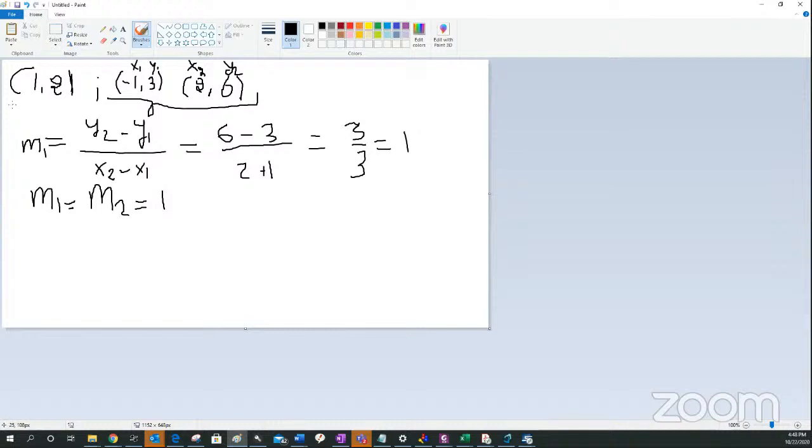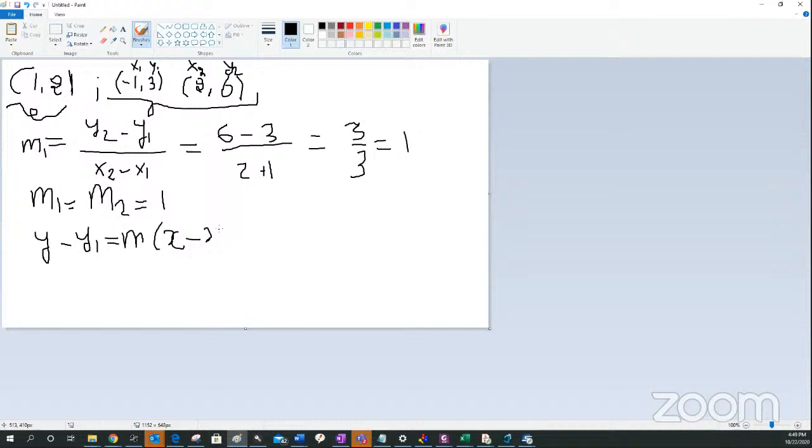Now we're going to do the second part, which is this part. We're going to find the equations. As we know, that one only has 1 point, 1 and 2. So that would be y minus y1 is equal to m times x minus x1.